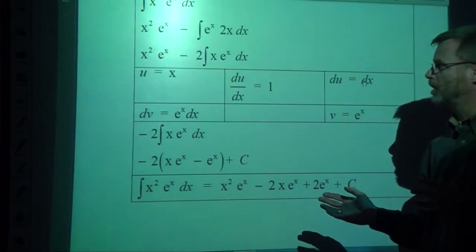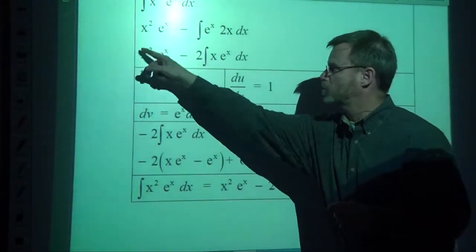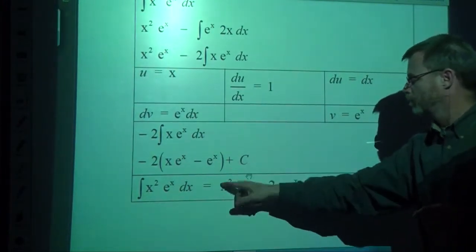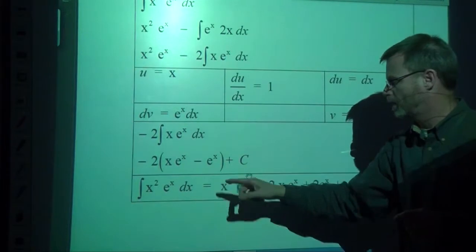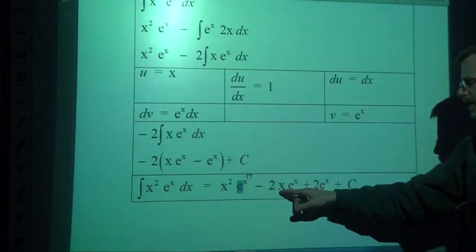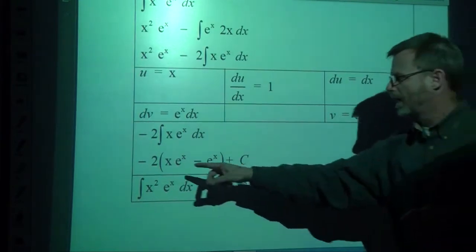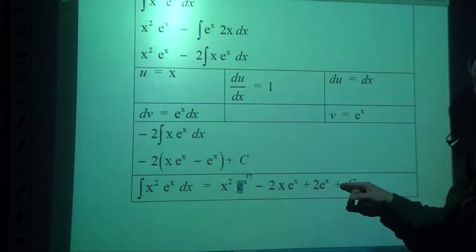So the answer is going to be equal to the original x squared e to the x, and you're taking a negative 2 and distributing over what we got here, which is going to be negative 2x times e to the x, and this negative times a negative would give you plus 2 e to the x plus your constant of integration.